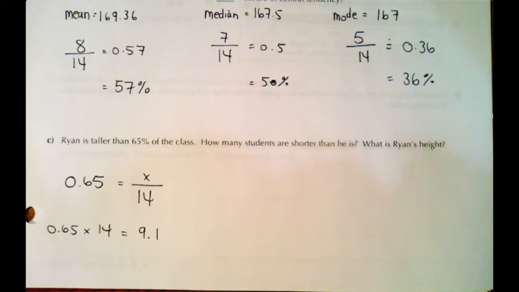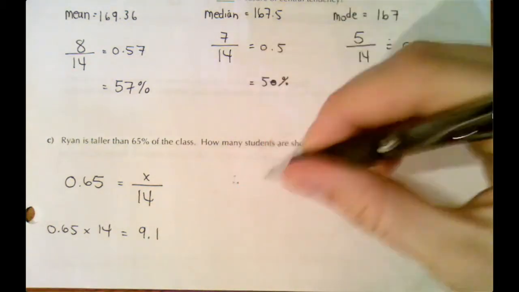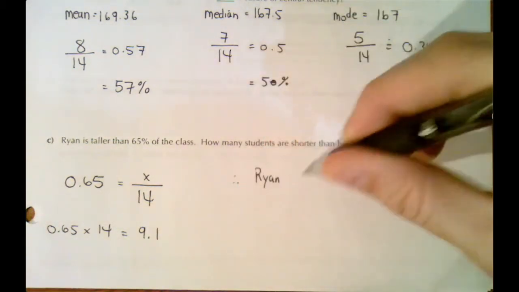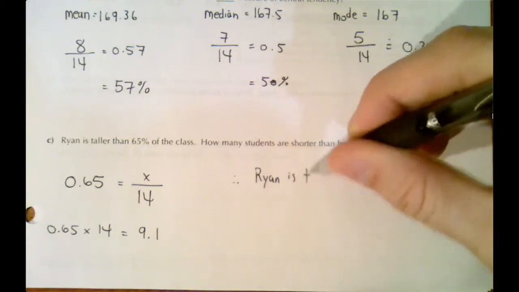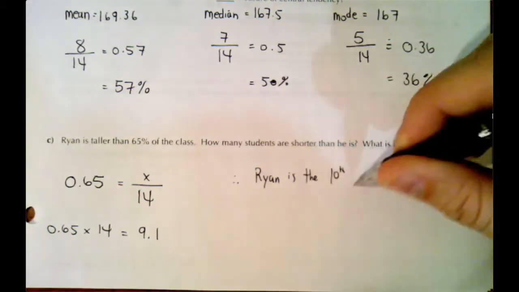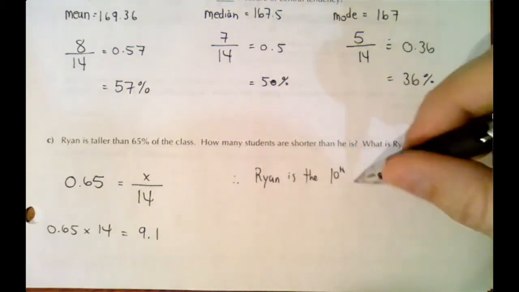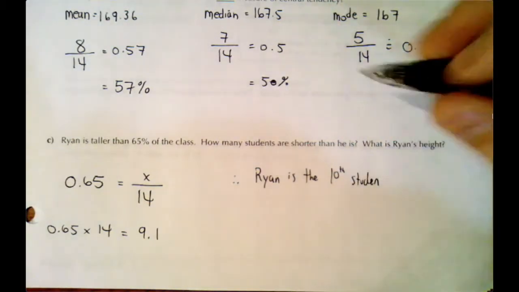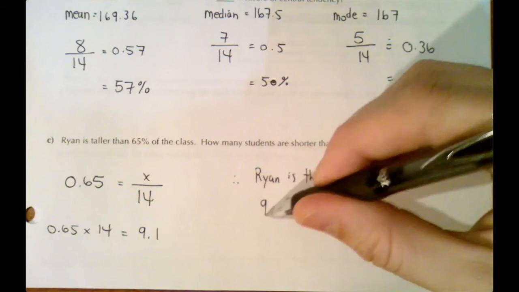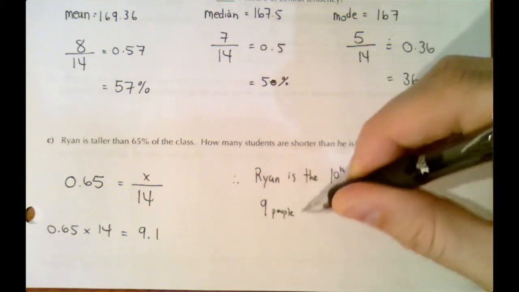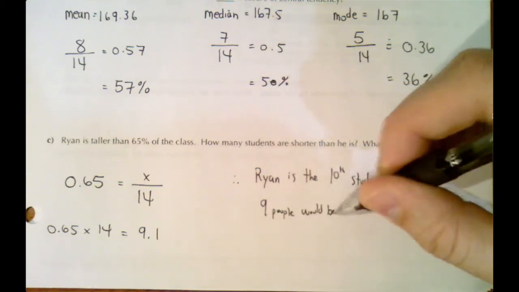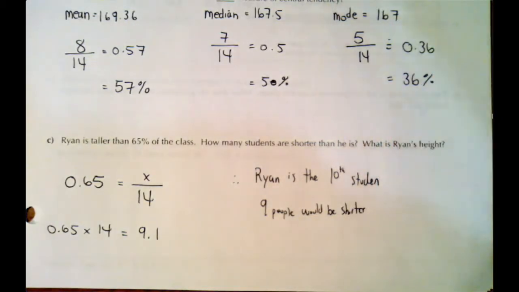Well, he can't be taller than 9.1 people, but if Ryan was the 10th person, 9 people would be shorter.